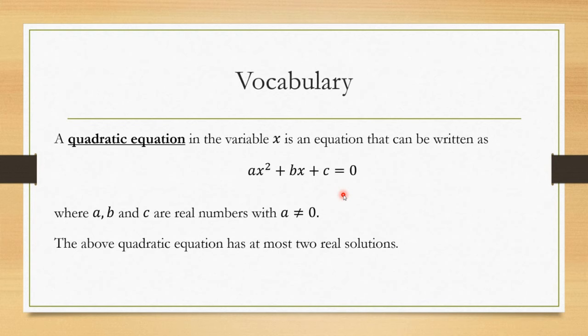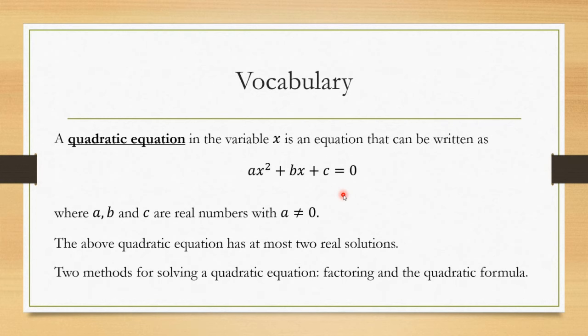That can happen, since we're not dealing with complex numbers. We might get to complex numbers, not in this section though. Maybe, I don't know when. I really want to try and do that one day, but we'll see. But for now, we're not doing complex numbers. Also, as I said before, there are different methods for solving a quadratic equation. The two we're going to do are factoring and the quadratic formula. All right, so let's dive right in.